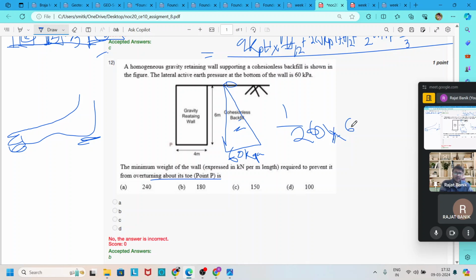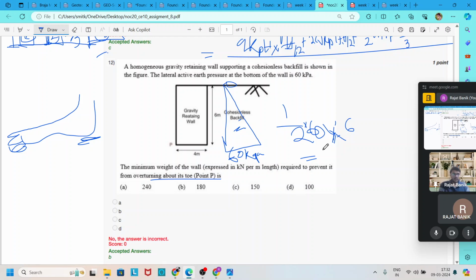No need to multiply by K because the lateral earth pressure is already given as 60. So it becomes half into 60 into 6, which is 180.